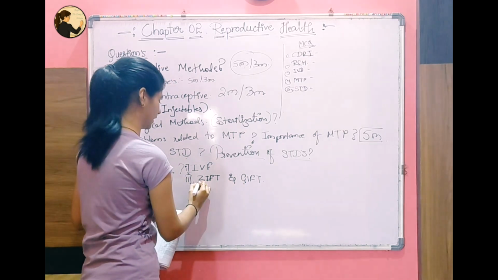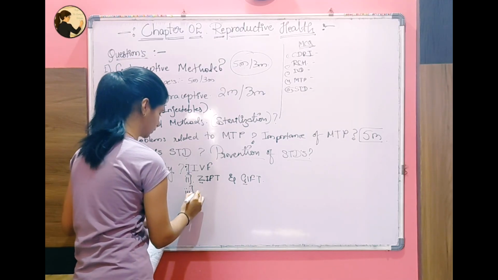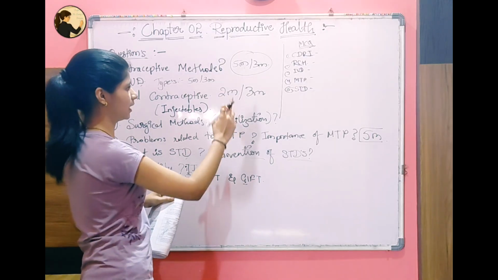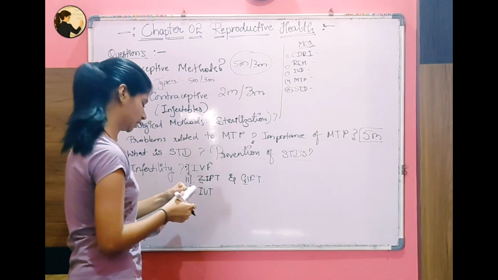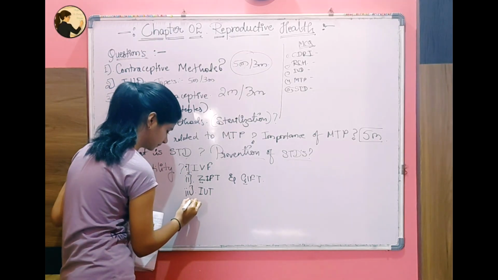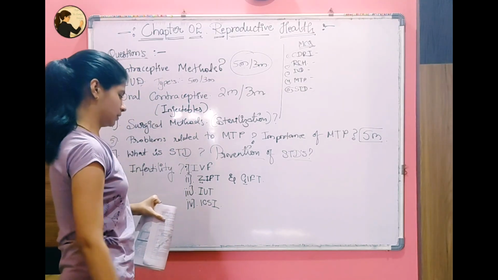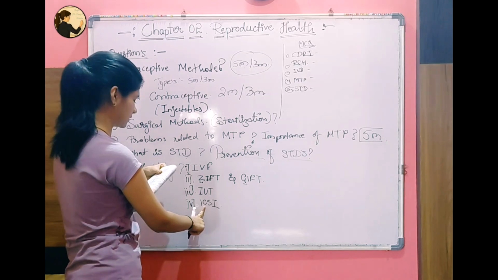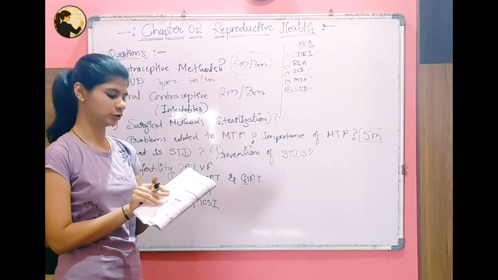Then the third question you will get is IUT. Here IUD was there, here IUT is there: intrauterine transfer. Then ICSI is intracytoplasmic sperm injection. You have to write the full form and the definition.